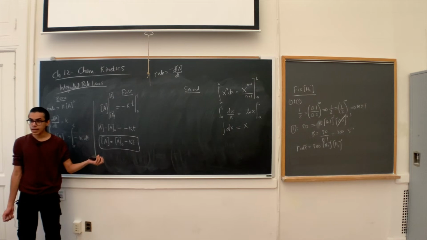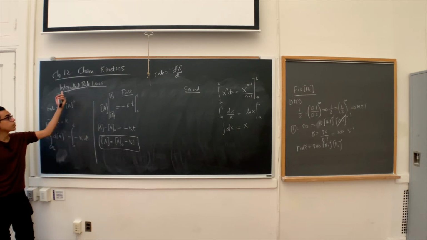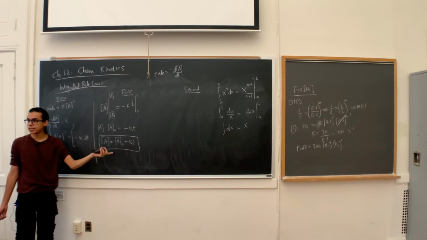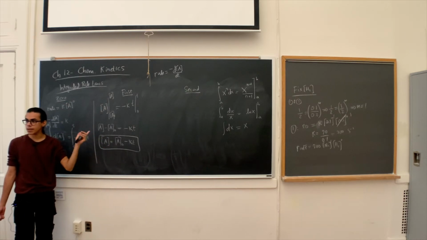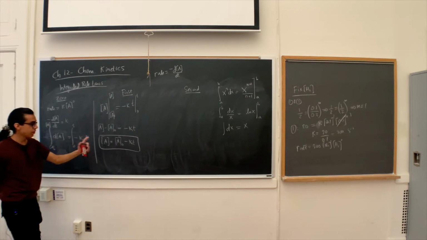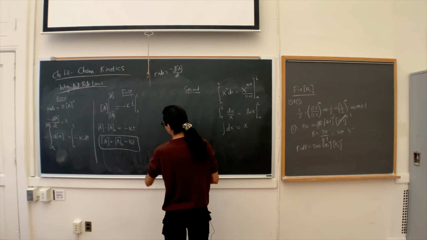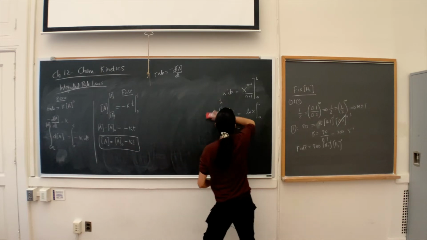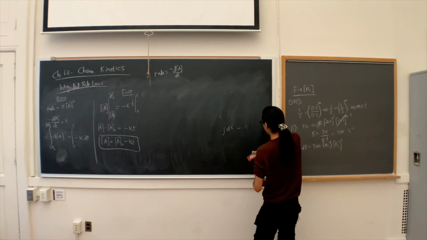And since we integrated to get there, that's why these are integrated rate laws. These are just restatements of rate laws in their integrated form. So this tells you what the new concentration is at any given time in the future. Let's do the same thing with first order and second order.